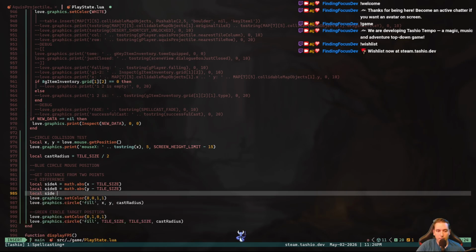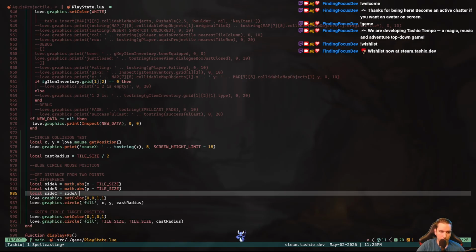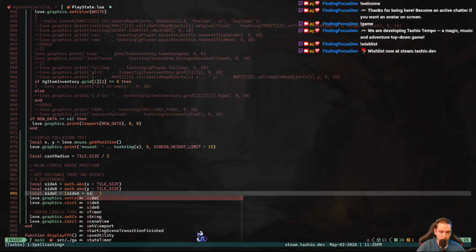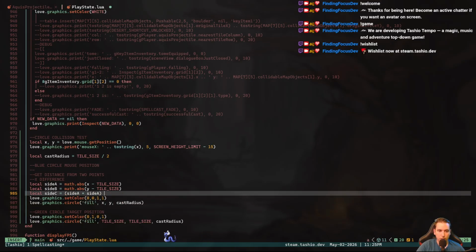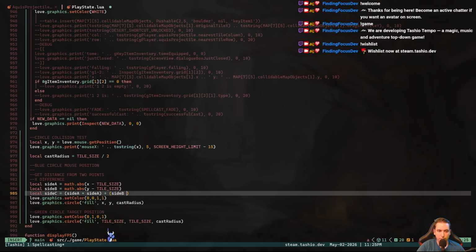Then we're going to say side C is equal to side A squared plus the B side squared. So this is how we get the squaredness, a squared plus b squared.